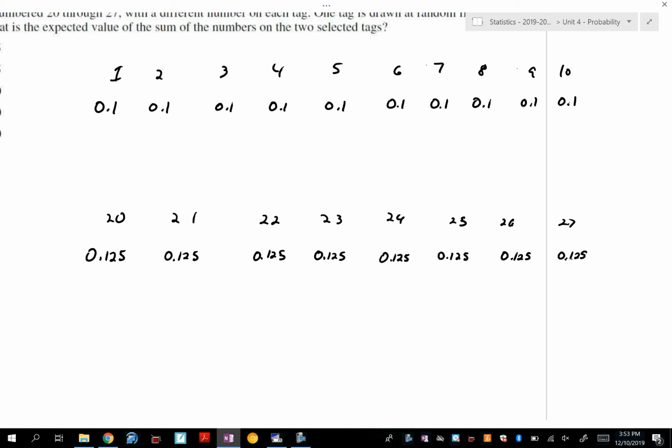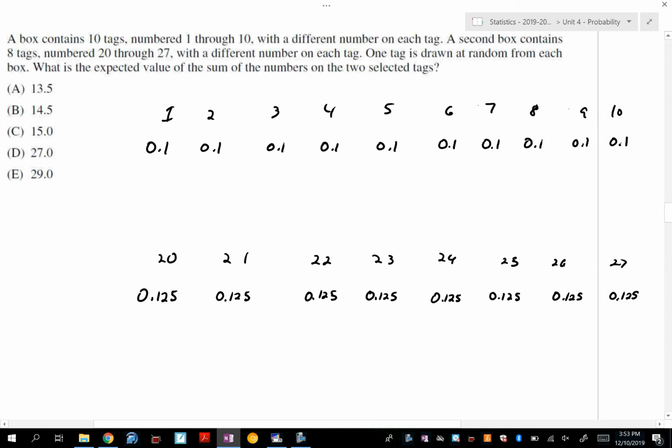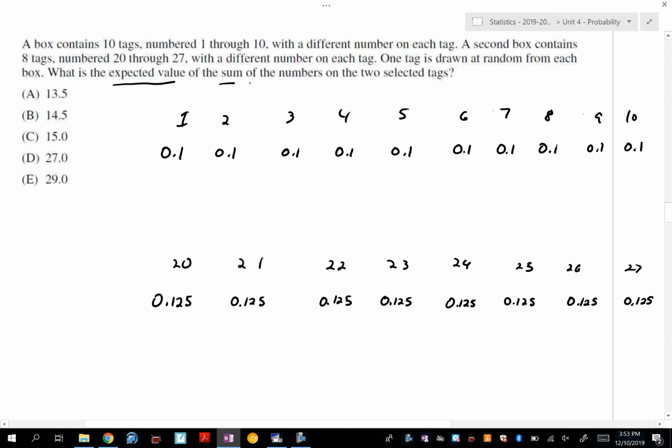Now, I'm hoping at this point, when it says in the problem, what's the expected value for the sum of the numbers that you take out of these boxes? Well, find the expected value for the first box, and then you can add them together. So you're going to multiply 1 times 0.1, 2 times 0.1, 3 times, all those multiply and then add them together.